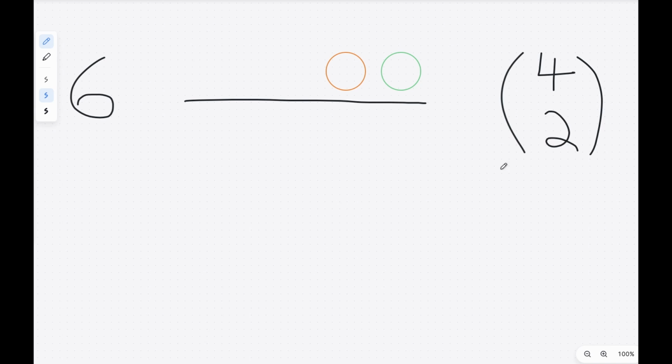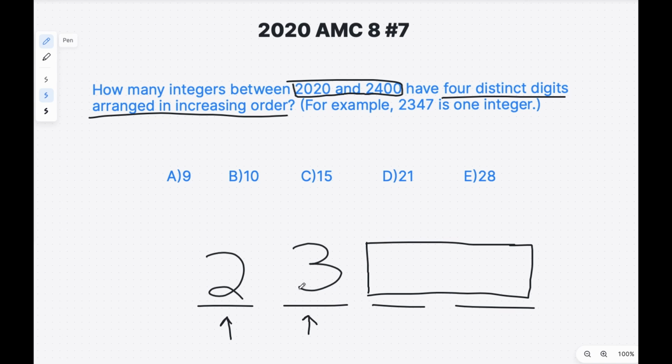So here, let's see how combinations apply. Let's first decide what numbers we could fill in here. We can use any digit that's greater than 3.